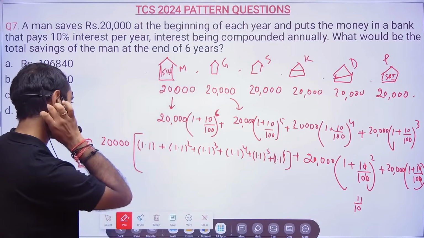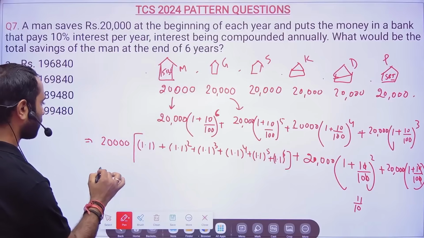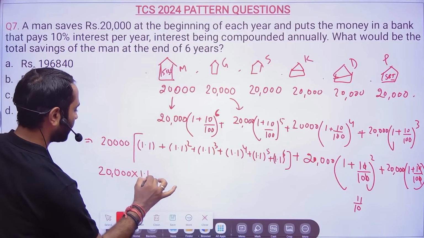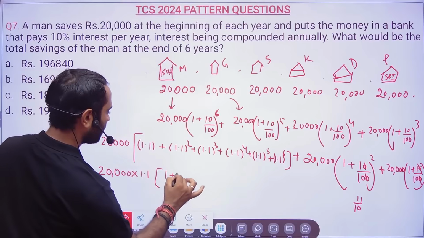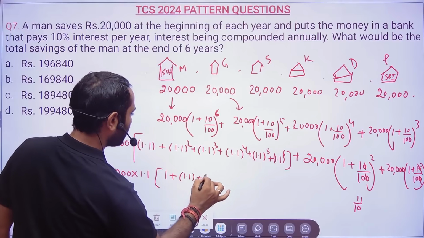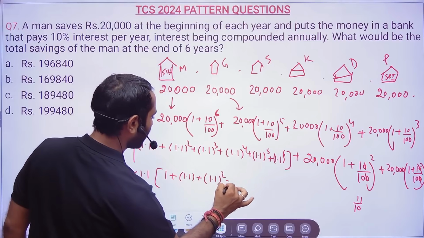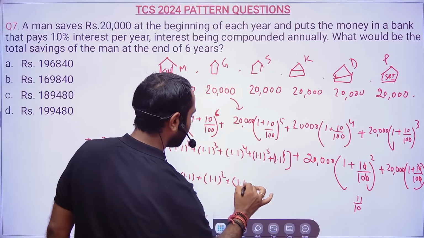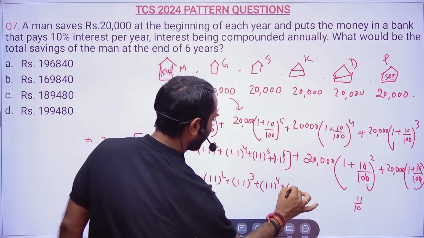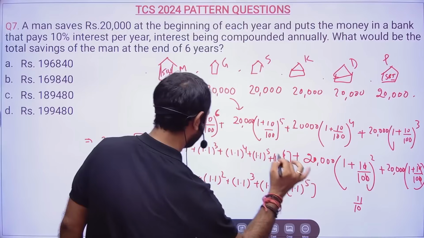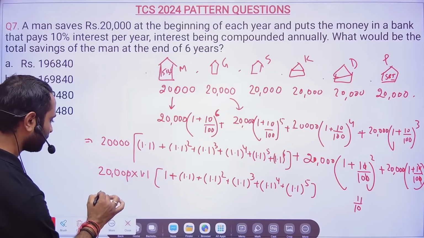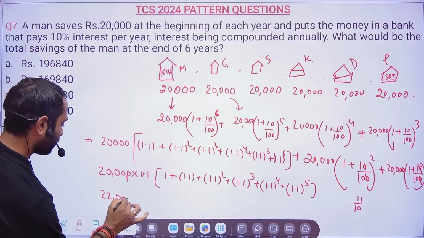Now what you do, you take this 1.1 common. So 20,000 into 1.1 you take common. So 1 plus, everywhere the power will become 1 less, because 1 you have taken common. So now it will go till 5. If you solve, the decimal will be removed, so 22,000.